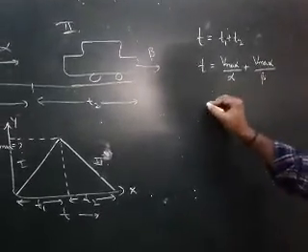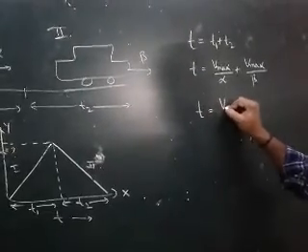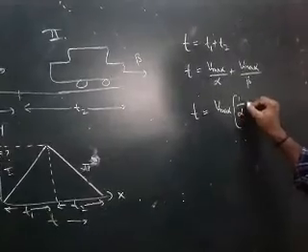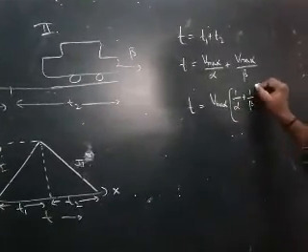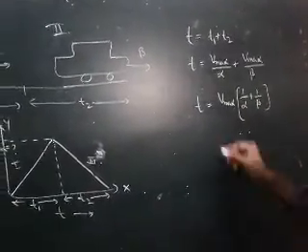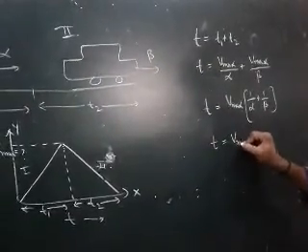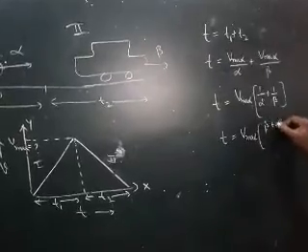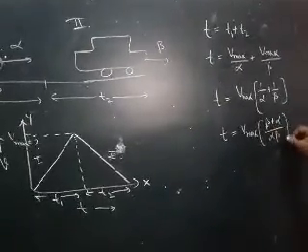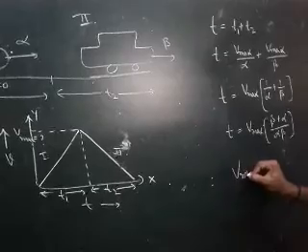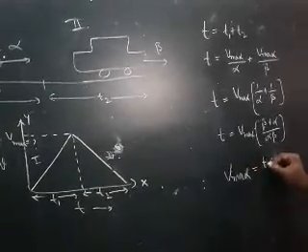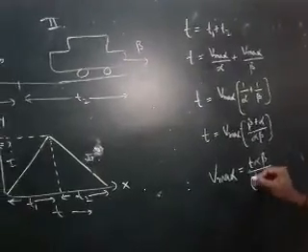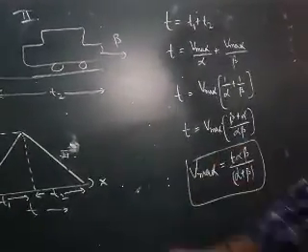So T is equal to v max times 1 by alpha plus 1 by beta. Taking the LCM, that is v max times alpha plus beta divided by alpha beta. So the maximum velocity is T into alpha beta divided by alpha plus beta. This is the maximum velocity attained by the body.